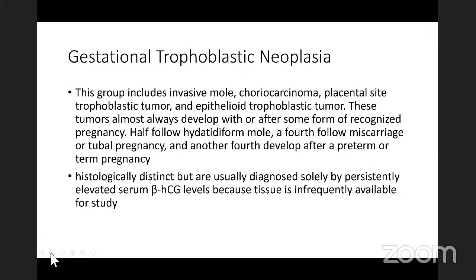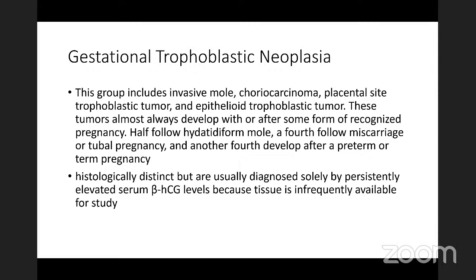Okay. So what then is GTN? This group includes invasive mole, choriocarcinoma, placental site trophoblastic tumor, and epithelioid trophoblastic tumor.